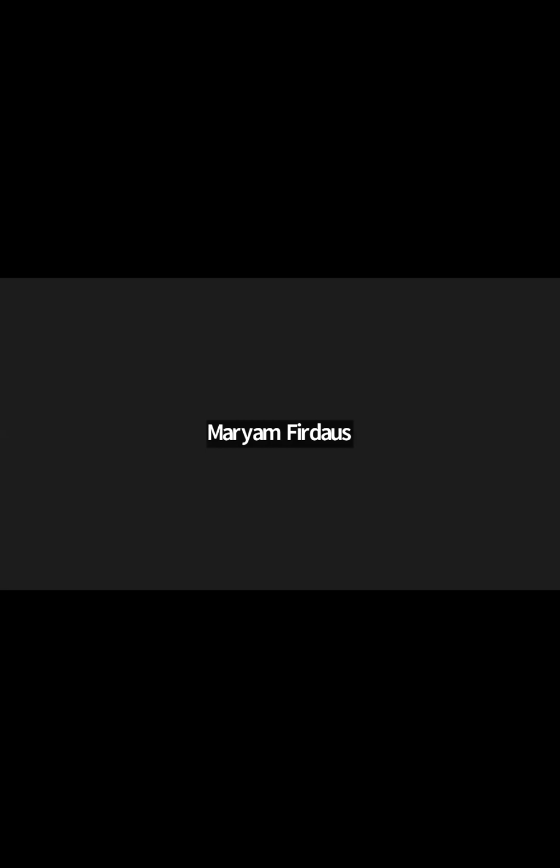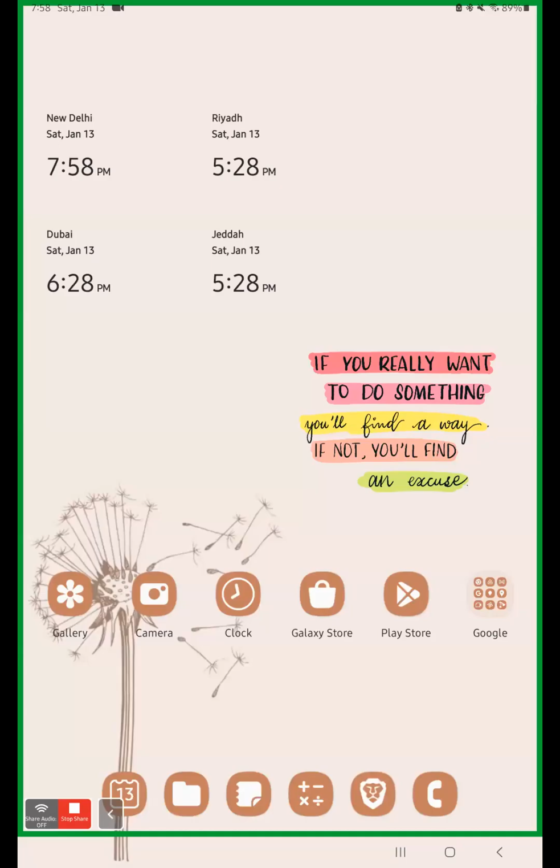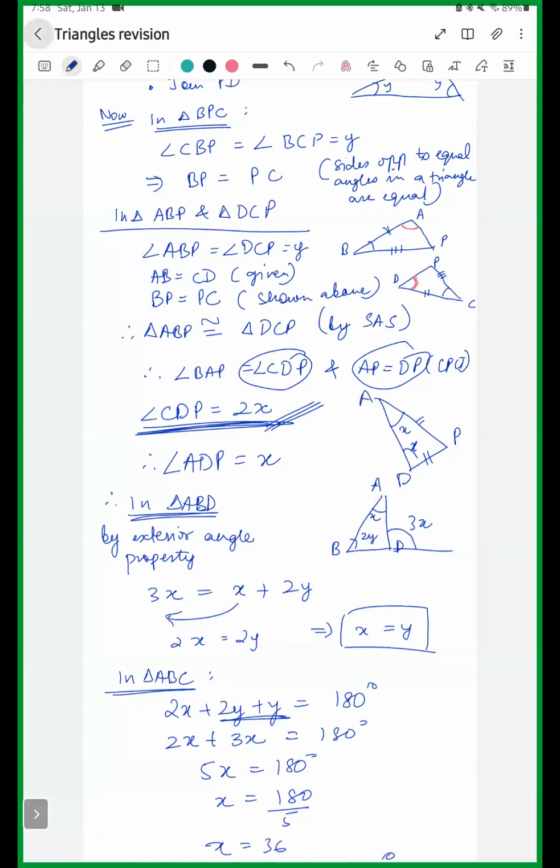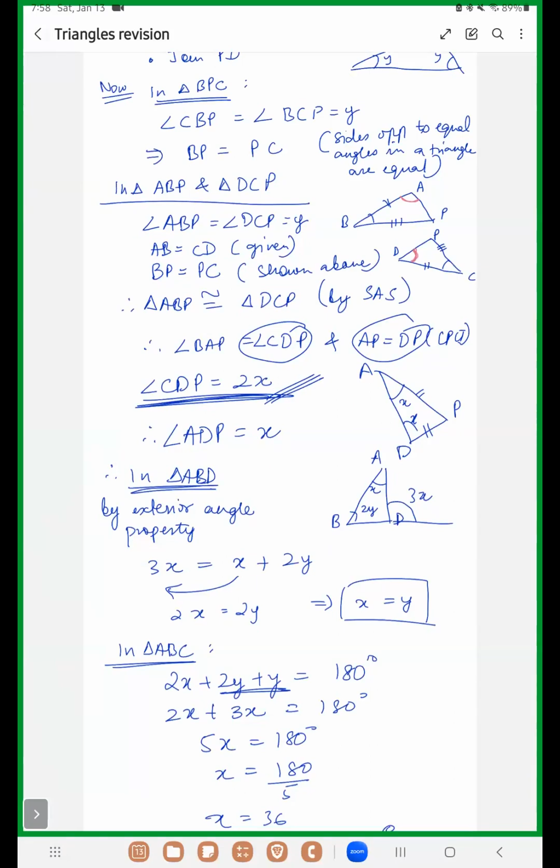Okay, fine. Let's do quadrilaterals. Do you have any specific doubts, or do you want me to give questions? I have one doubt. Okay, go ahead.